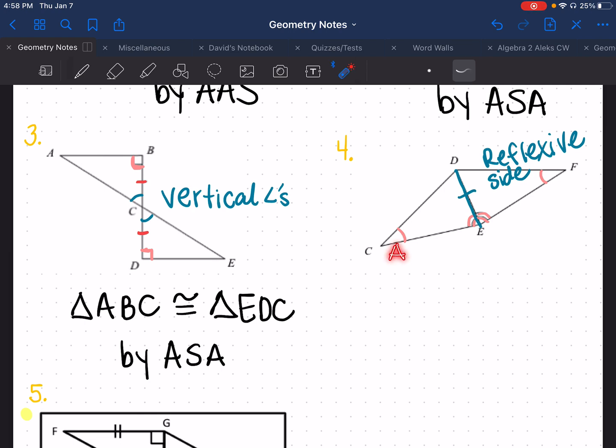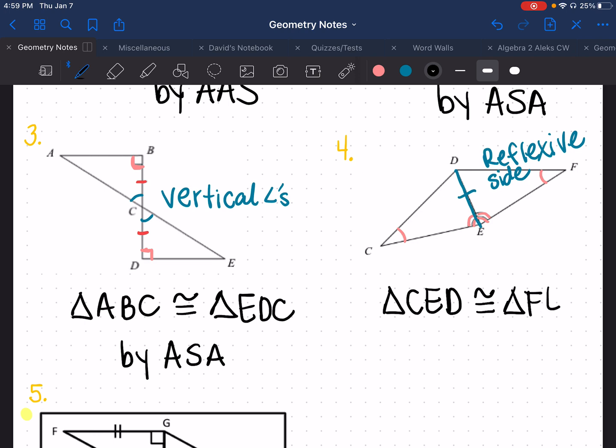I have an angle, and I have a side. Some of you probably already know what the congruence property is, but I'm going to go ahead and name them. I'm going to name it CED. Okay, so that would mean I would name it FED, and they are congruent by, let me see, angle, angle, side.